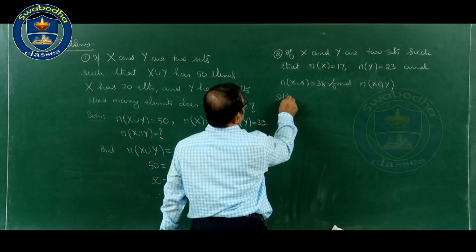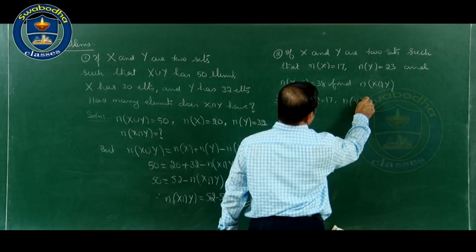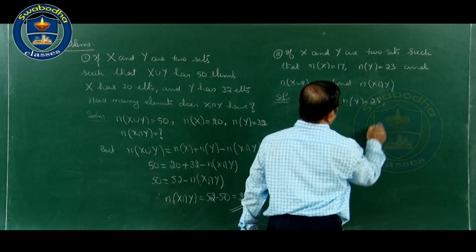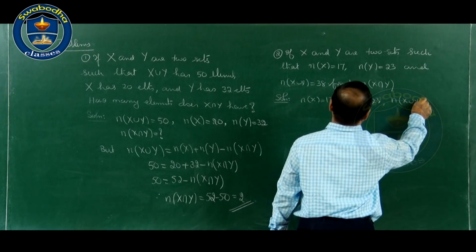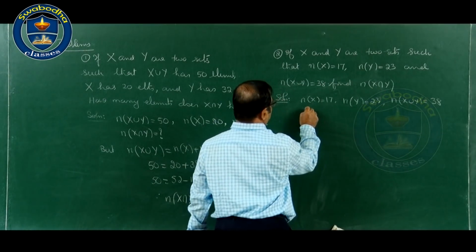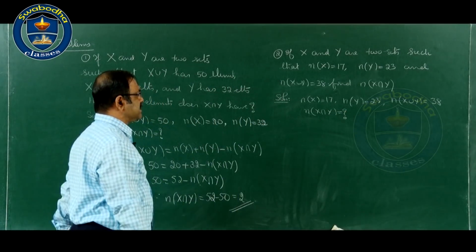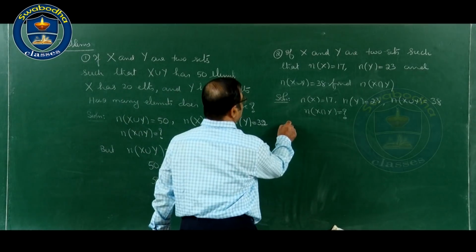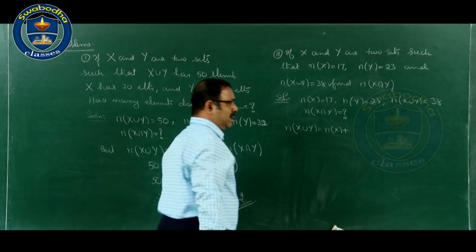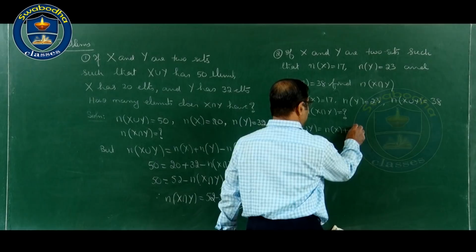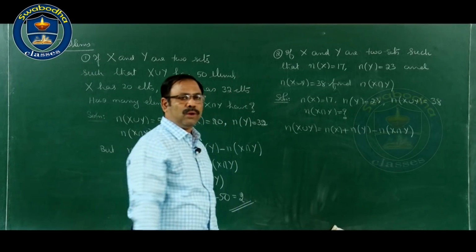So, we have n of x is 17. N of y is 23. And n of x union y equal to 38. So, what is n of x intersection y? You write the formula, n of x union y is n of x plus n of y minus n of x intersection y.